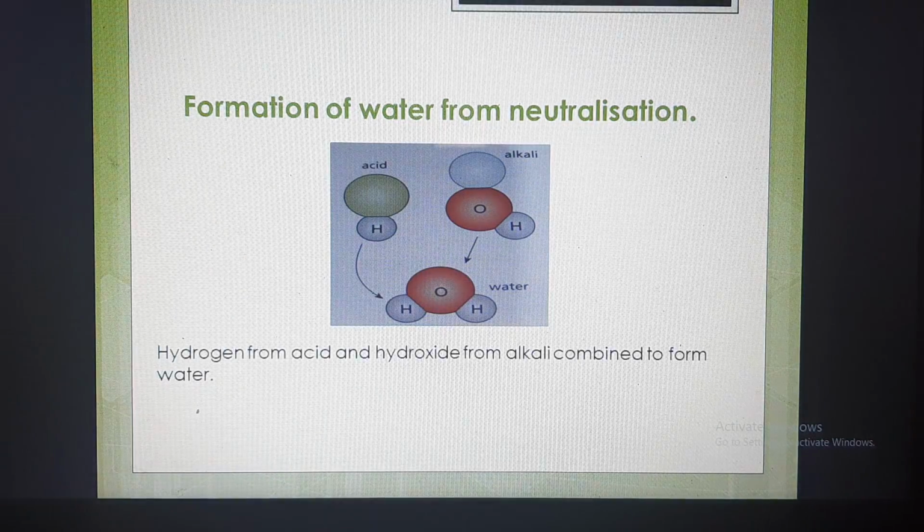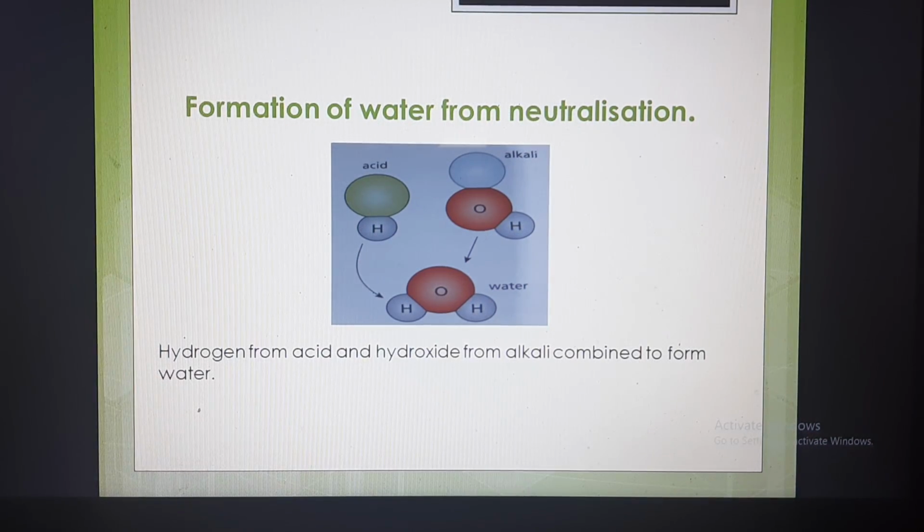Now we are discussing the formation of water from neutralization. We already discussed that water is one of the common products formed during neutralization. Here is a picture to show how the formation of water takes place. The first one is an example of an acid, and the second one is an example of an alkali.